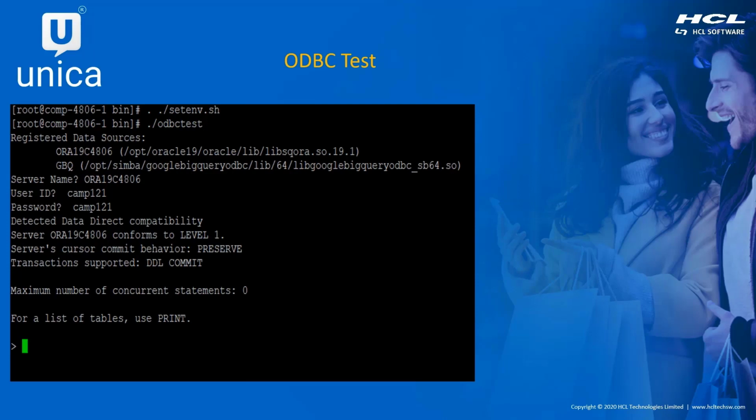To do so, we have the utility odbctest. First run the setenv and then run the odbctest. As you can see, if we get the output like this, it means our connection is successful and Oracle is now connected with Unica via ODBC.